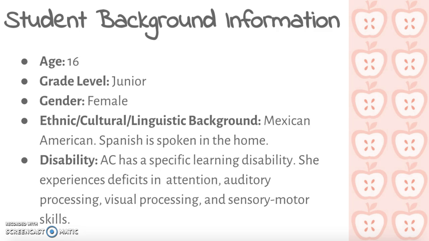So with regard to auditory processing and visual processing, both of these things mean that she has difficulty taking in information that she hears or sees. It does not mean that she has difficulty seeing or hearing, but it means that the way that she takes in information via hearing or seeing sometimes doesn't go in the way that it would for another person.